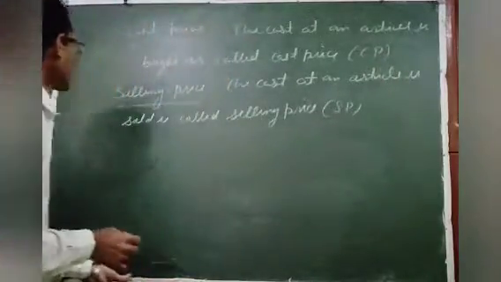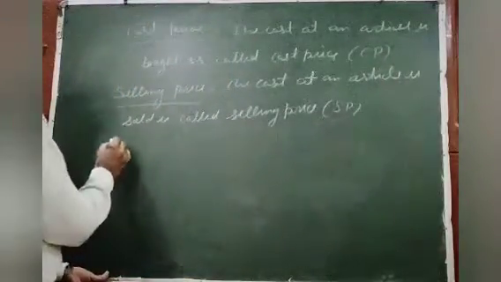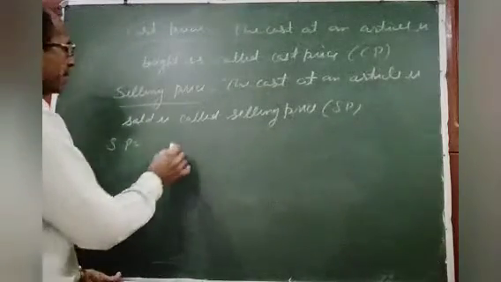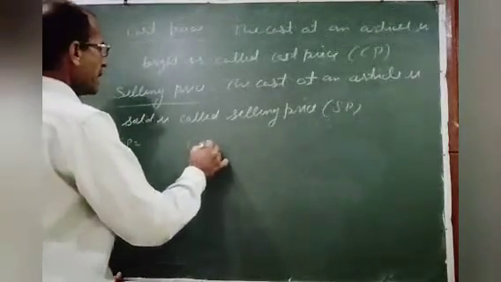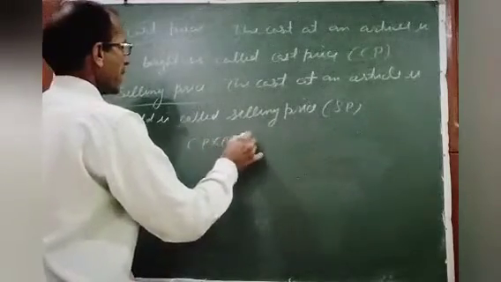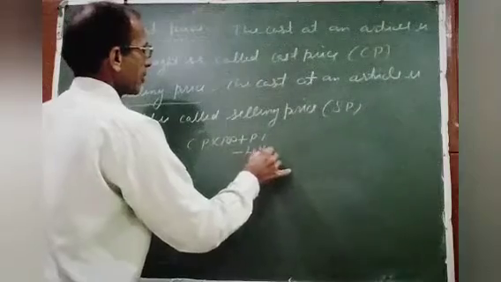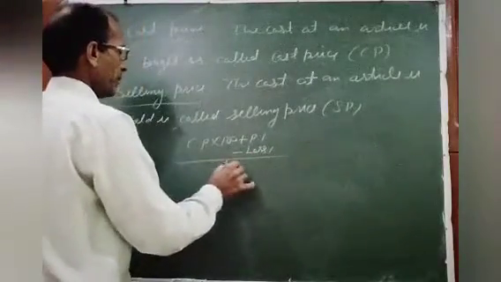CP, SP. If you have to find the selling price, then cost price multiplied by 100 plus profit percent upon 100. If loss is there, then subtract loss percent upon 100.